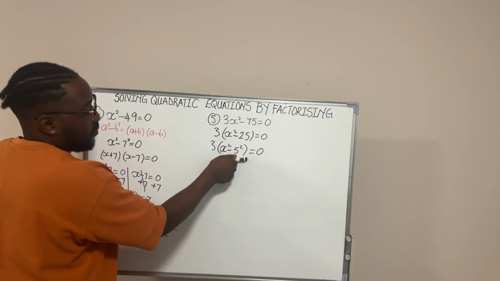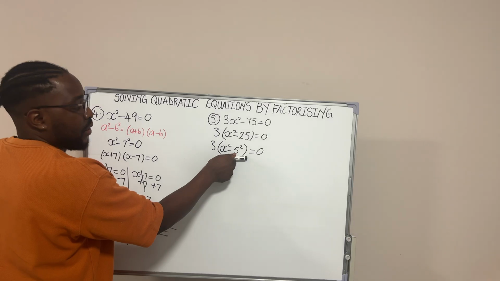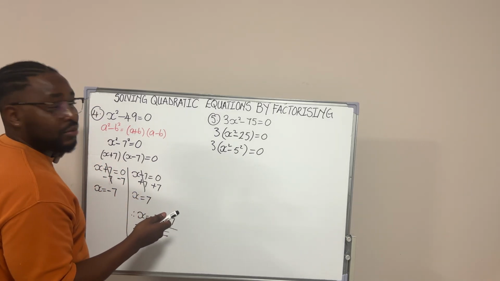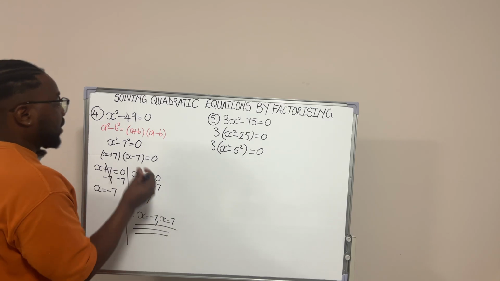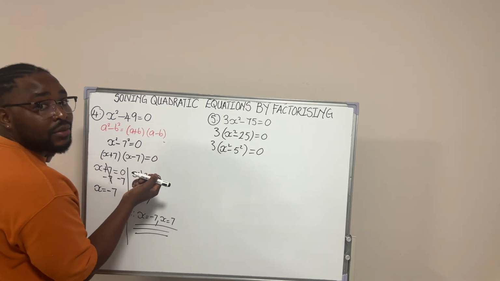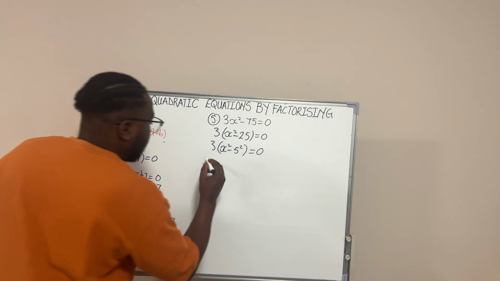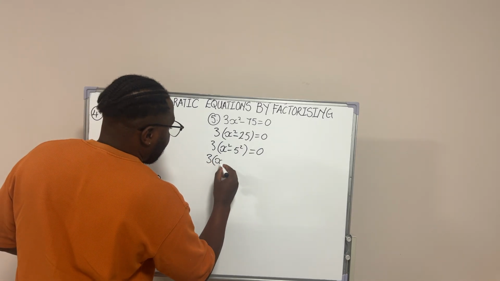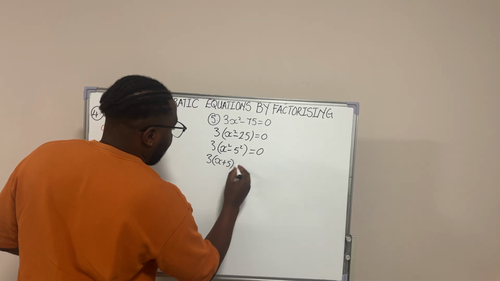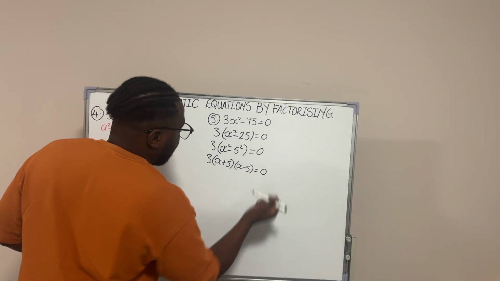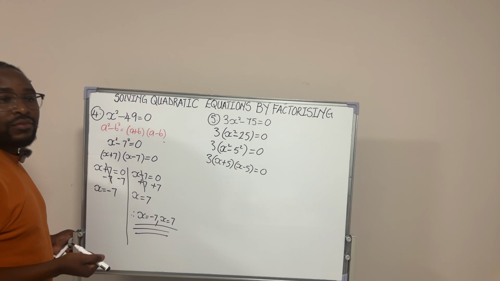So you see, difference of two squares, right? So then we just have to factorize it in this form, right? So let's do that. We shall have what? 3 open brackets x plus 5 and x minus 5 equal to 0, right?